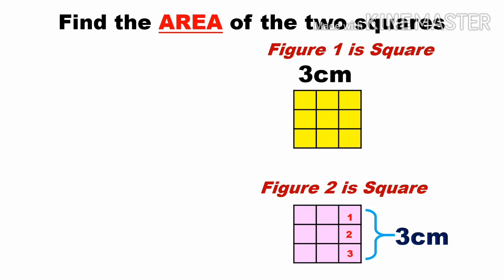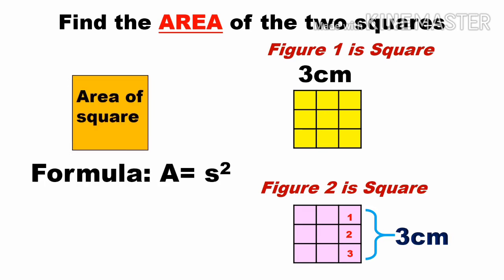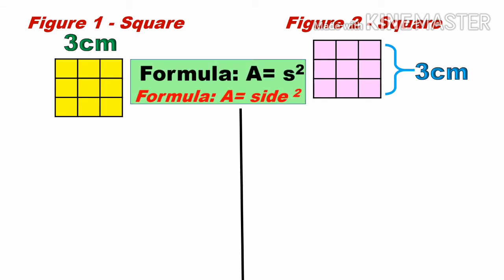To find the area of the 2 squares, we are going to use the formula of the area of the square, which is A is equal to S square, or A equals side square. Okay, so let's continue. We will find the area of the first figure and the second figure. The first is the yellow and the second one is the pink.